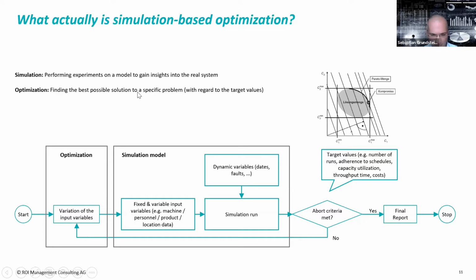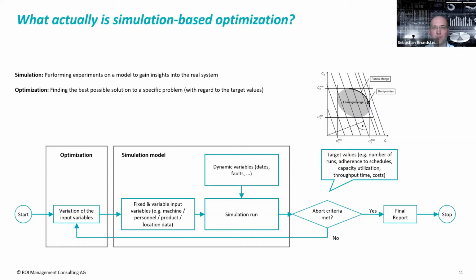For example, if you're talking about a distribution network, where is my optimal hub, then I would vary the place of the hub, or maybe the size, until I find the best possible solution. So this is the combination of both, very powerful for certain questions, but also relevant for only specific problems.